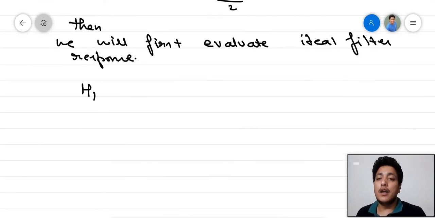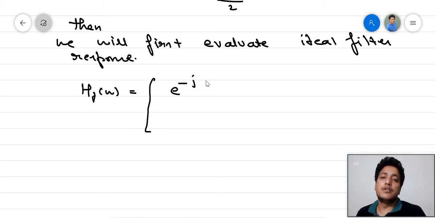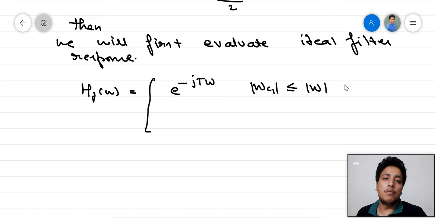That is Hd(omega) equals exponential minus j tau omega for omega c1 less than mod omega less than omega c2, and 0 elsewhere.